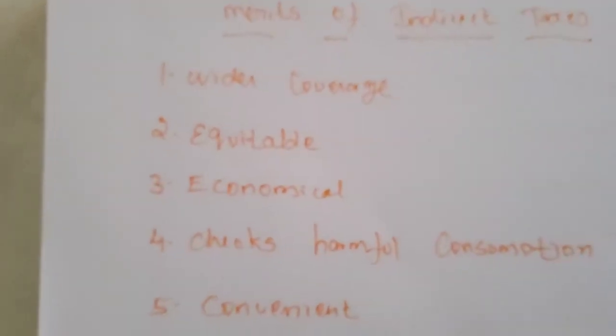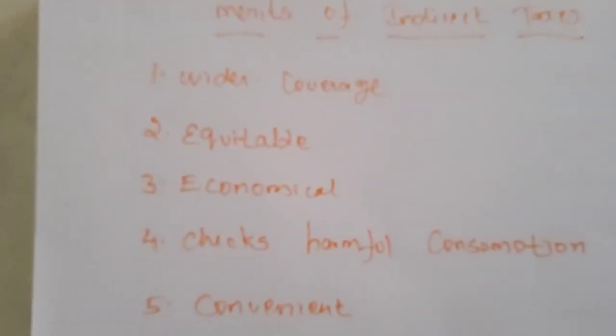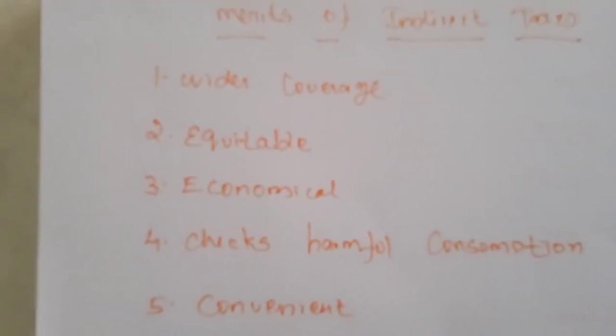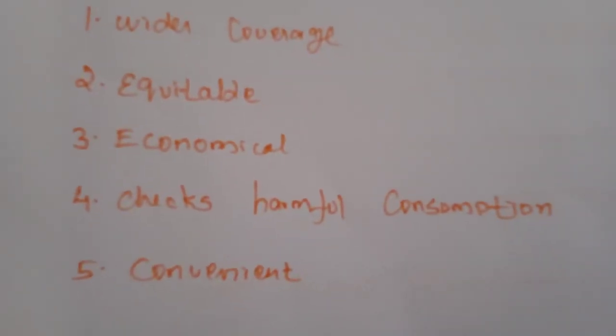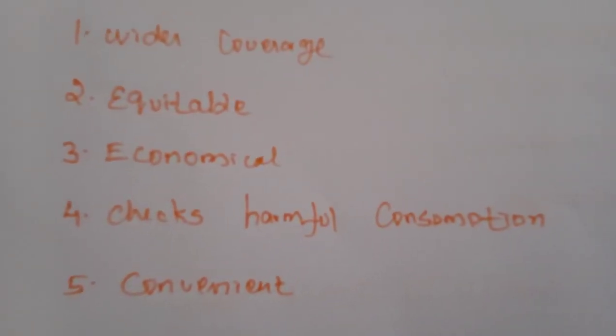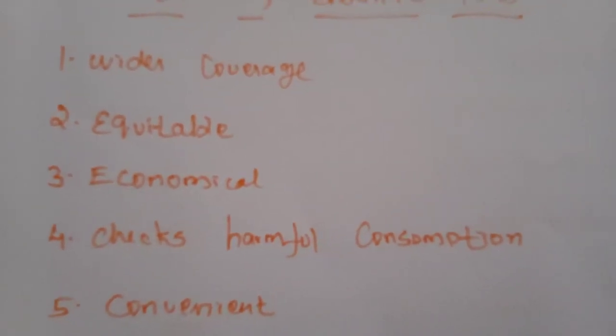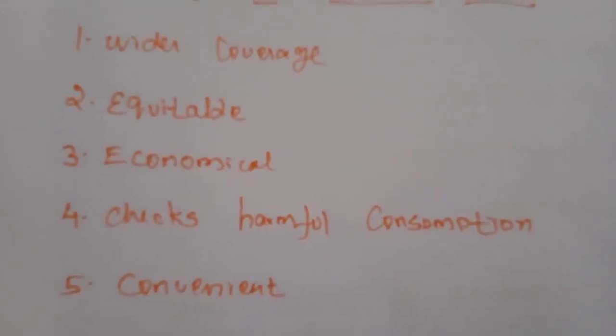For example, in India, everybody pays indirect tax as against just 2% paying income tax. So compared to direct taxes, the income from indirect taxes will be very high.